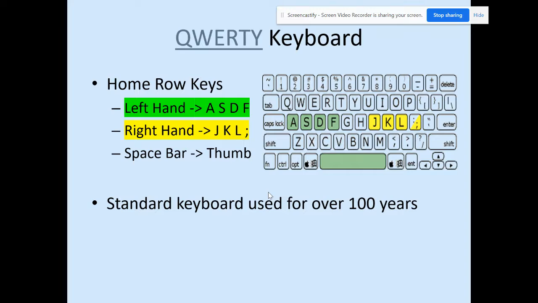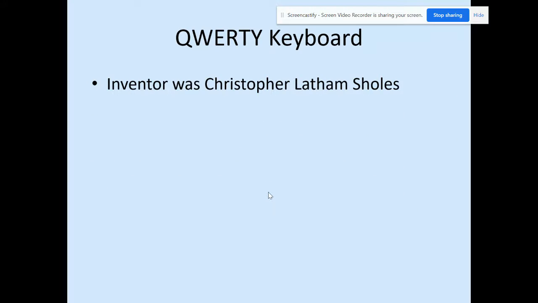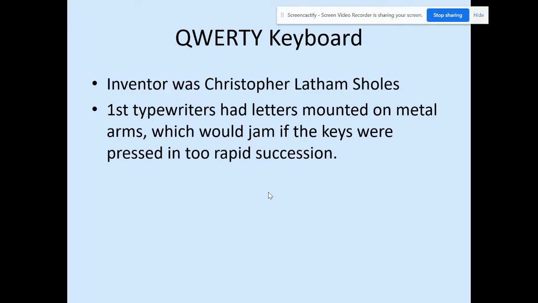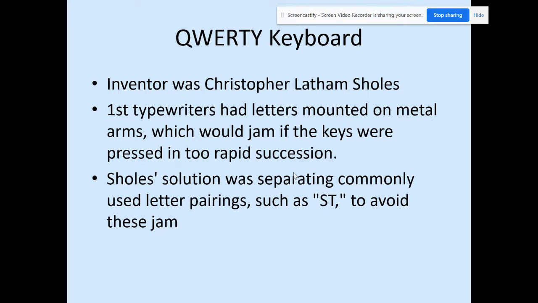This keyboard has been the standard keyboard for over 100 years. It was invented by Christopher Sholes, and it was the first typewriters. If you remember the picture in our welcome packet, when you would type, the letter would actually fly up and then hit the paper, almost like an ink pad stamp.